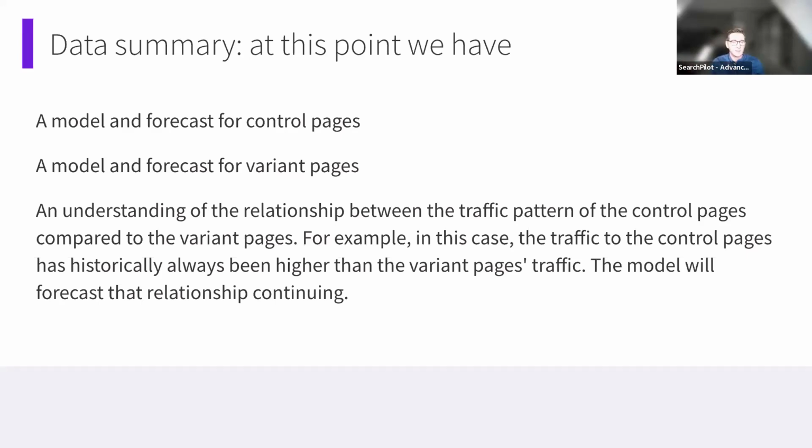And that's absolutely fine because they're not exactly the same pages. There are different pages within each bucket. It's impossible to make them perfect. But we do want to be as close as we can get. And the model is, again, I'm simplifying this, going to make an assumption that that relationship is going to continue, right? The variant pages are always going to be slightly lower than the control pages. And I'll show why that's important in a second.